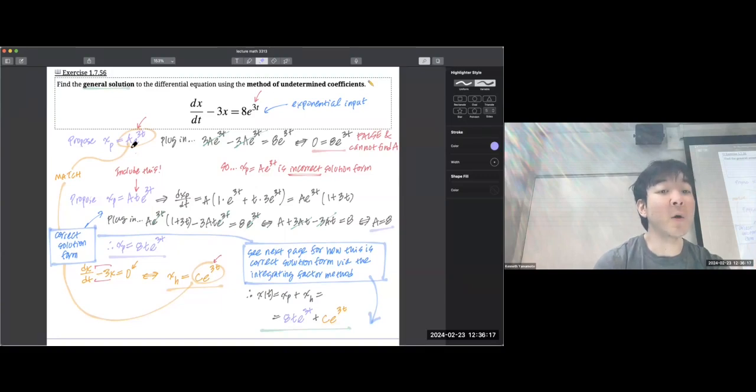And you initially proposed, you just look at the right-hand side and you saw it's capital A e to the 3t. And this also gave us 0 equals whatever's on the right-hand side. And this was a false statement.